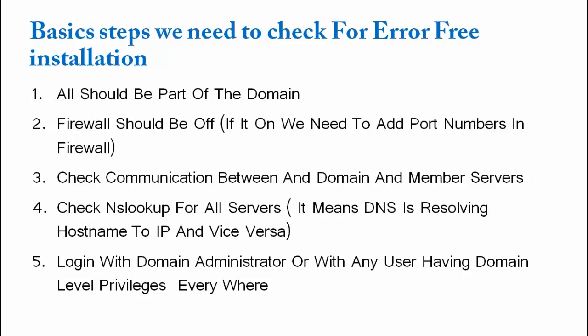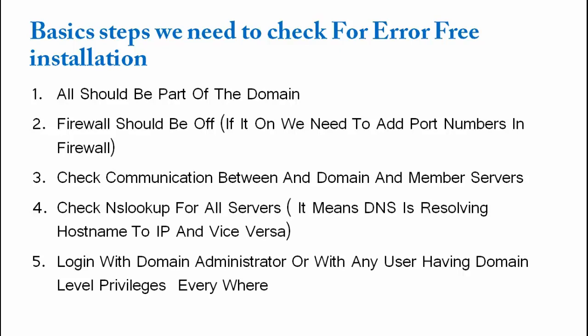The basic steps for error troubleshooting are: all servers should be part of the domain, and the firewall should be off. In real time we need to add port numbers in the firewall, but right now it is not recommended, since it is a lengthy process.